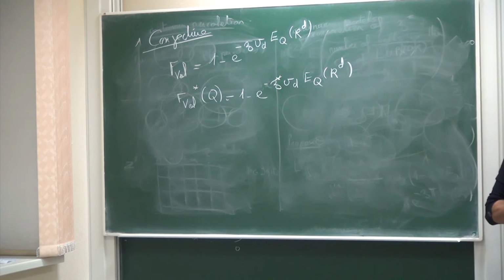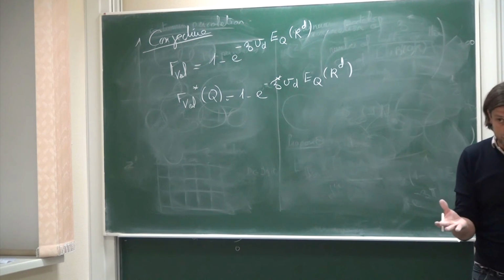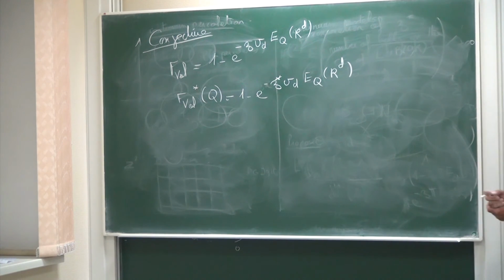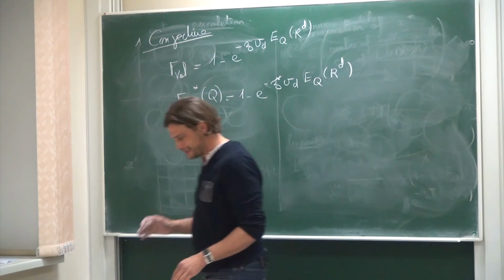So it represents exactly what is the fraction of the space we have to cover to ensure the percolation. Okay, so there is a long-time conjecture about that.